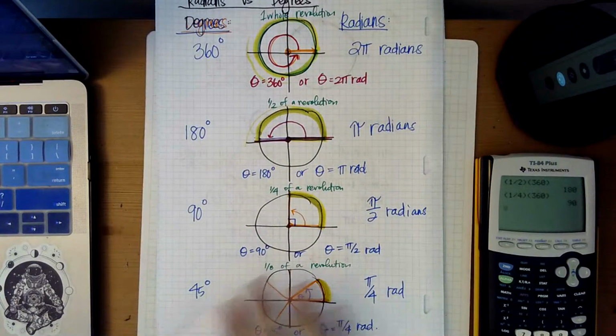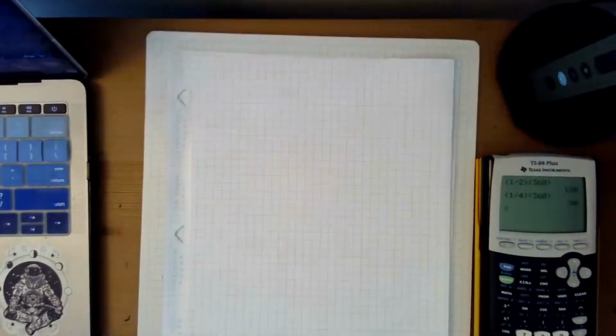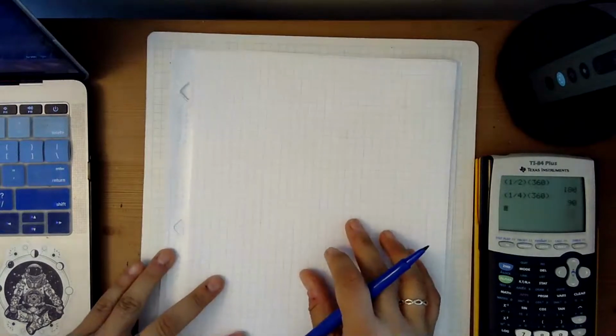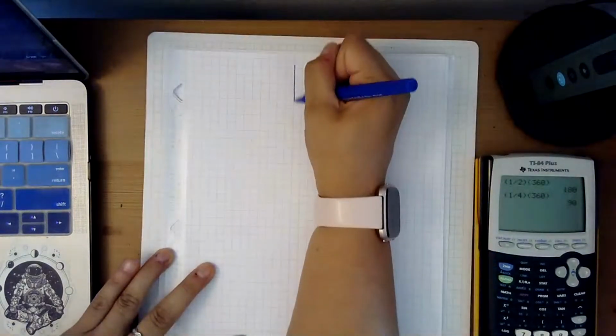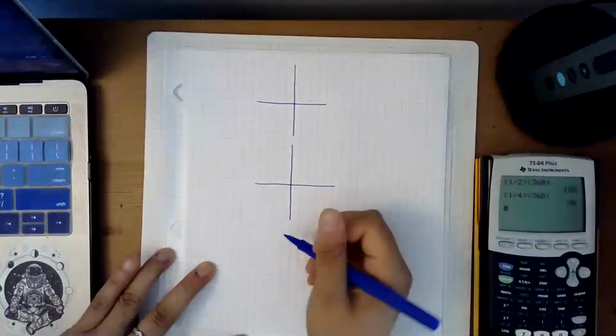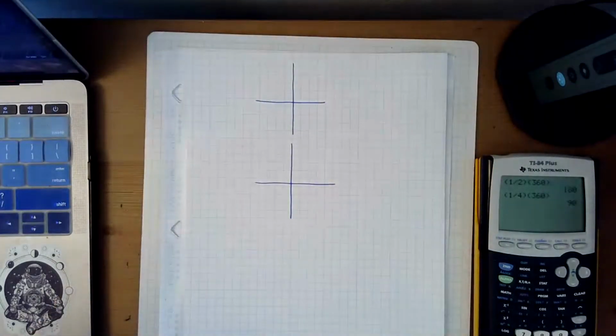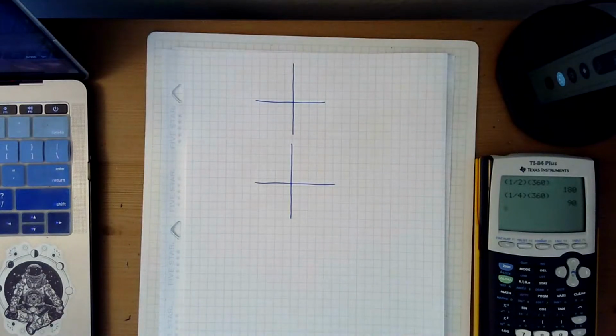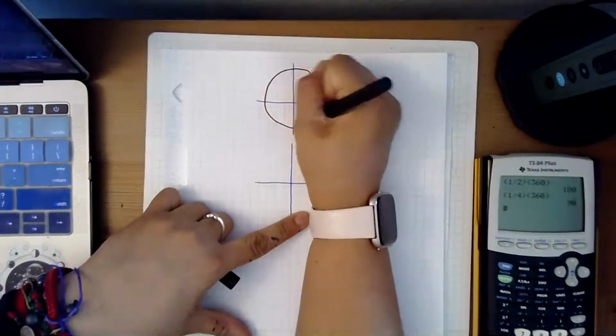I got a couple more, because these are angles that we're going to be using a lot. Okay. Here's my unit circle.